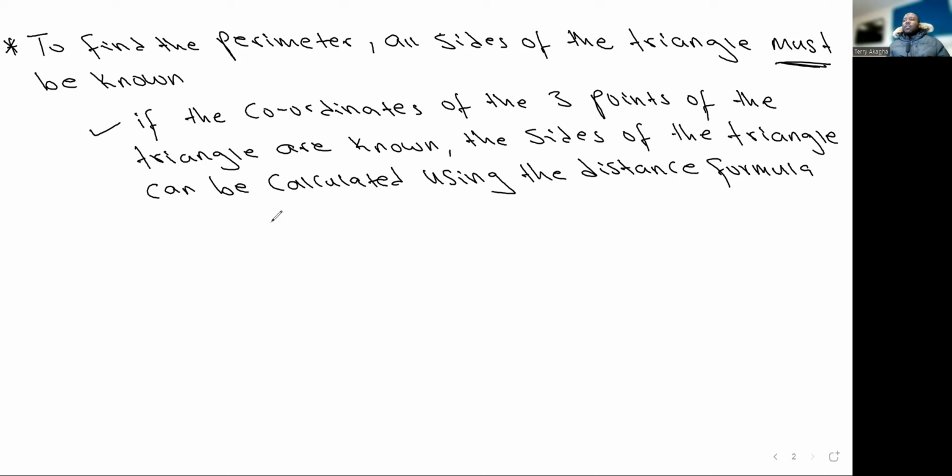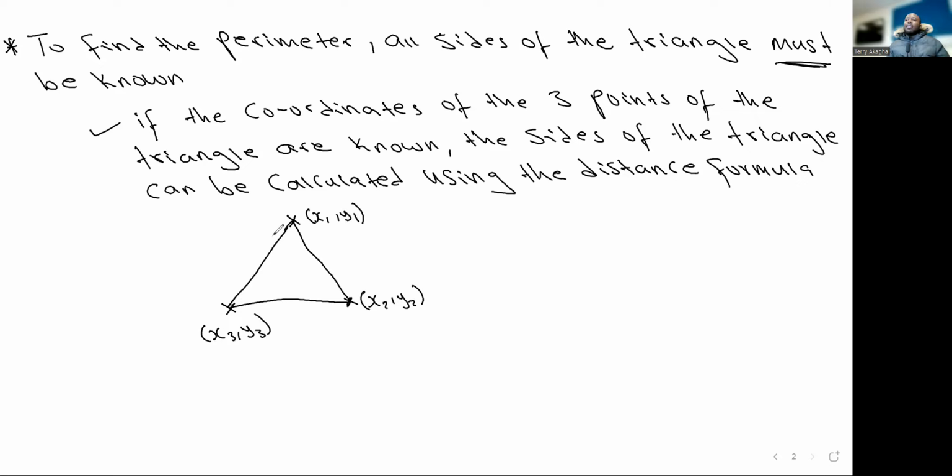So for instance, let's assume this is a triangle, okay? So this point here, I know the coordinate to be x1, y1, okay? Then I know this point, the coordinate to be x2, y2, and I know this point as well to be x3, y3. Can you see?